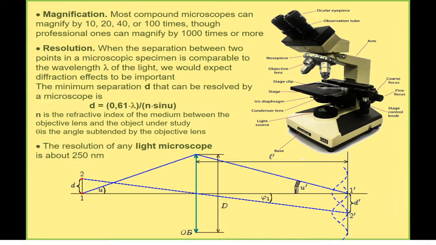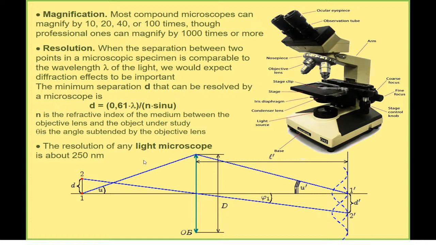When the separation between 2 points in a microscope specimen is comparable to the wavelengths of the light, we would expect diffraction effects to be important. The minimum separation that can be resolved by a microscope is determined by this equation.